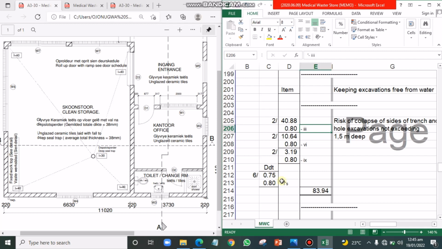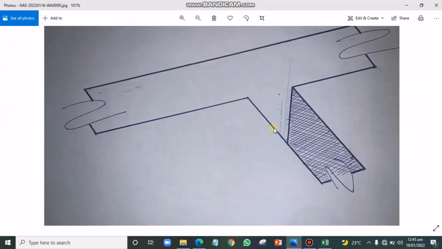Then we are going to deduct. Now take a look at this particular drawing. You would realize that when you put the earthwork support from the beginning of this trench down to this ending here, and you decide to do the same from this point to this point, there will be no need for you to put a wood from this point to this point.